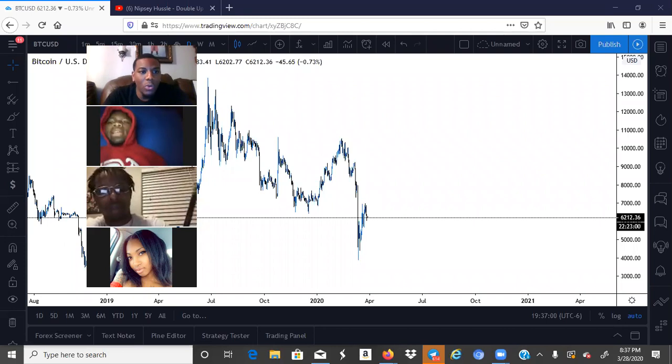So every time you go up, that's 10 cents. 0.02, 20 cents. 0.03, 30 cents, and so on and so forth. 0.10, that's $1 per pip. 1.00, that's $10 per pip. 1.50, that's $15.